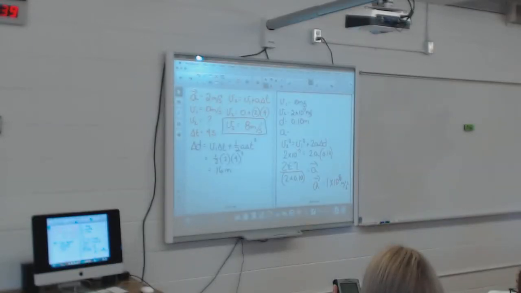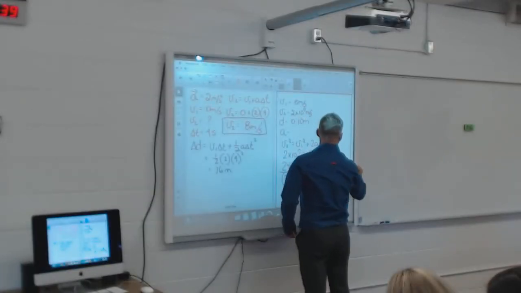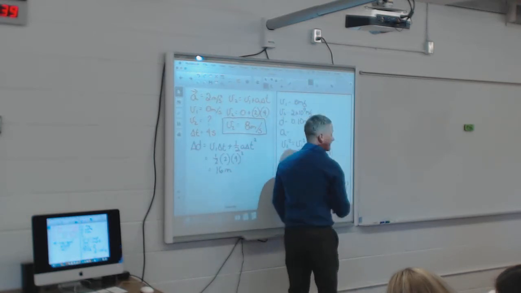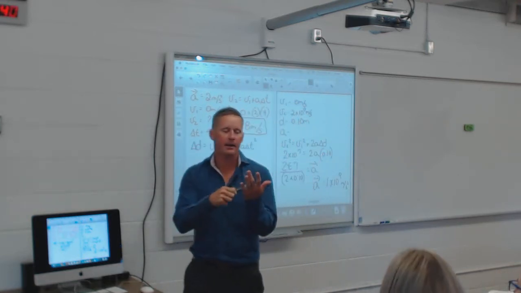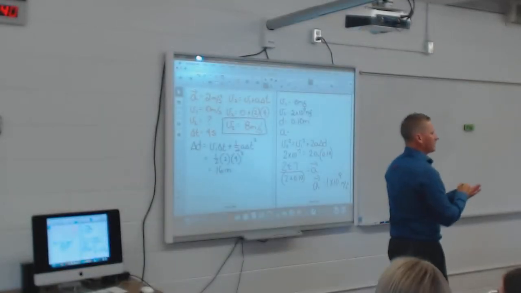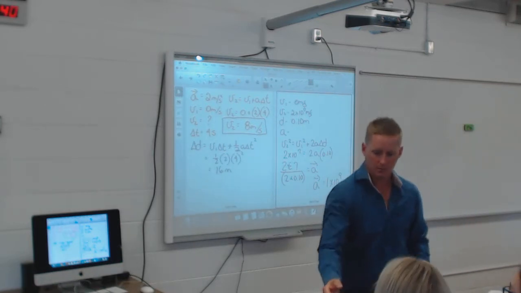Just relax and listen here for a second. Those of you using the graphing calculator right now, it's not putting it in scientific notation for you, but it can do it.